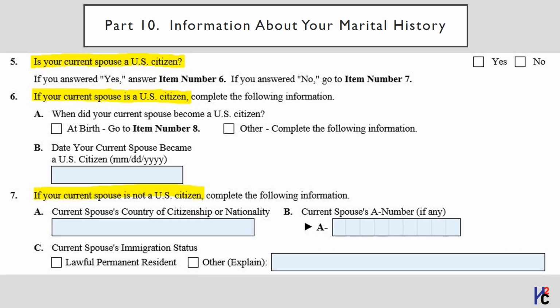Number 5. Is your current spouse a U.S. citizen? Number 6. If your current spouse is a U.S. citizen, you have to complete the following information.